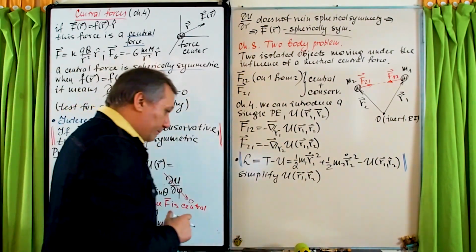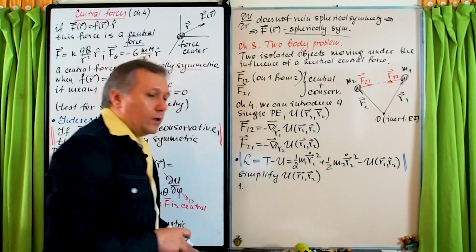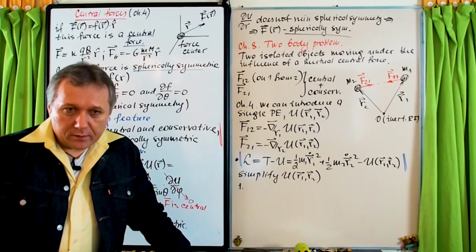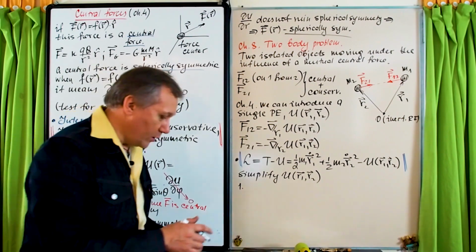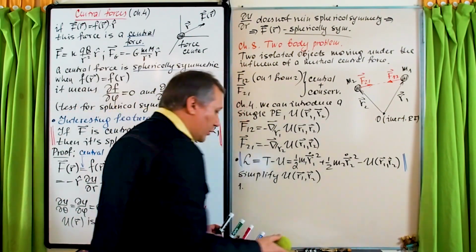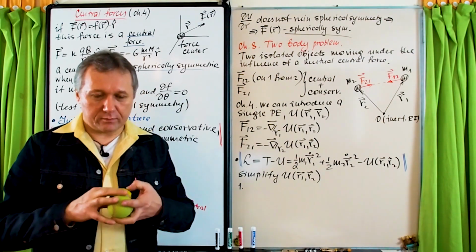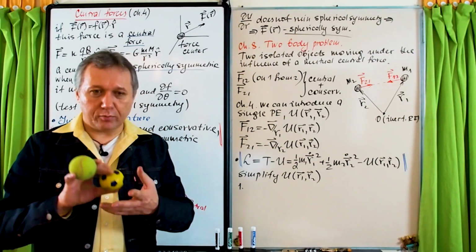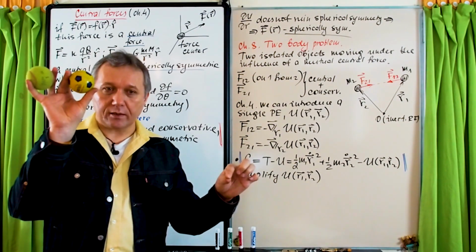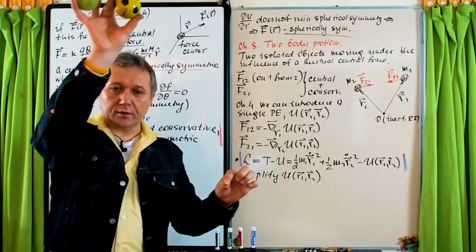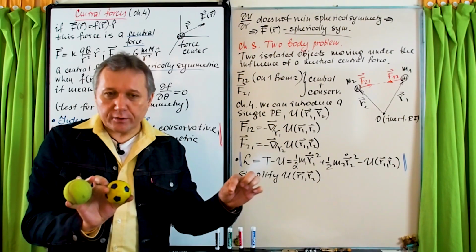Simplifications. First assumption: any isolated system is translationally invariant. I think it should be more or less obvious. Because there are no external forces, if you have an isolated system of two bodies, and this is the reference point, it doesn't matter if you position it here or there, so the potential energy should be the same.